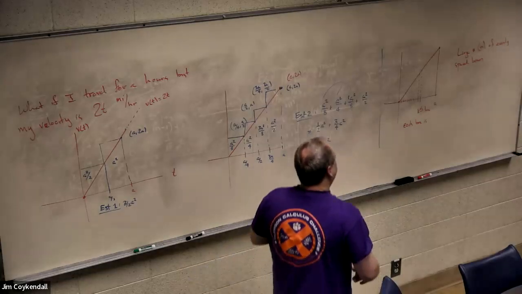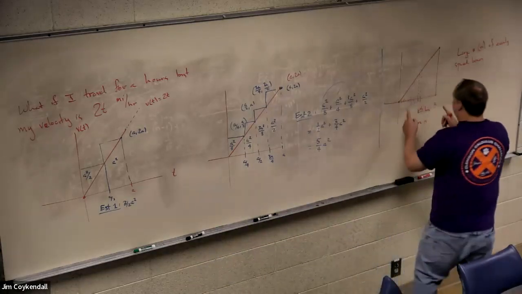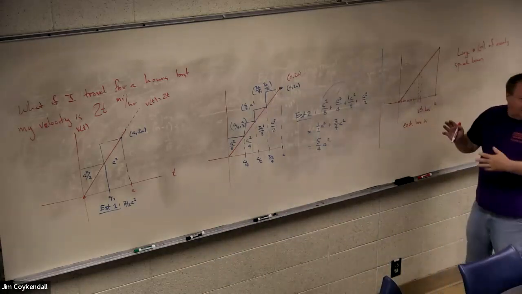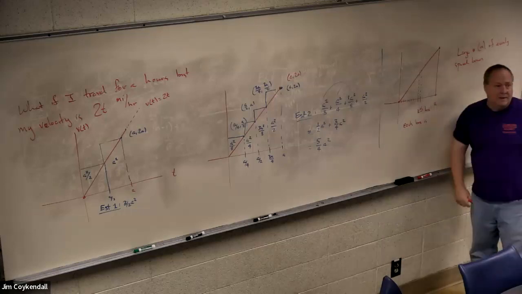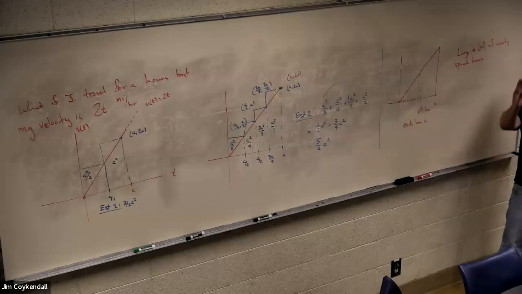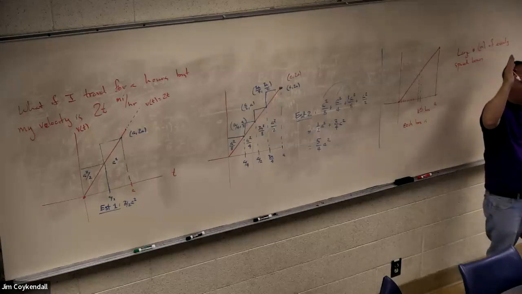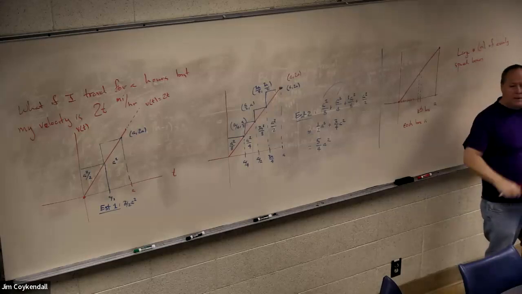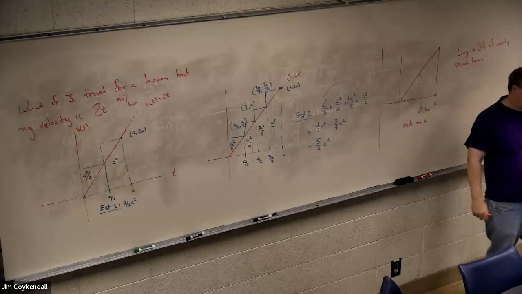I'm trying to build a rectangle. Well, ask yourself this. How wide is the entire interval? This is what we're breaking it up into. How wide is that? A. Everybody agree with that? So I've got something of length A that I want to break up into n equal pieces. How wide is each piece?